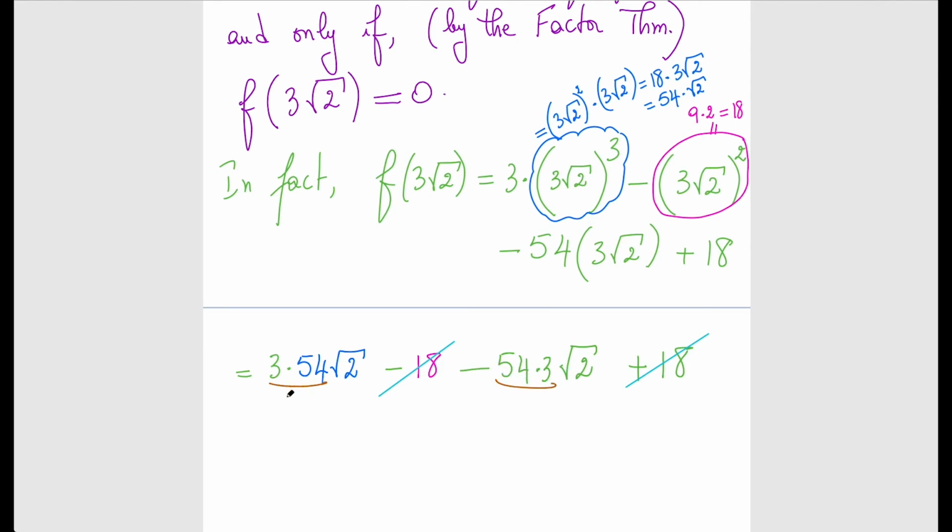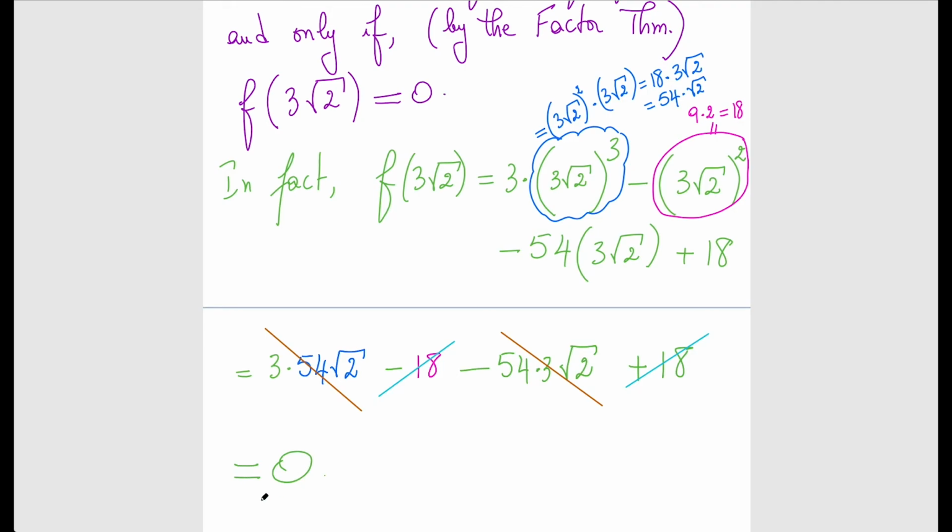This number and this number is the same, whatever it is. We know that it's 162, but it doesn't matter. It's the same number. So that number of square root of 2 minus the same number of square root of 2, they're gone, right? So this and this are gone. So what are we left with? 0. So we're left with 0.